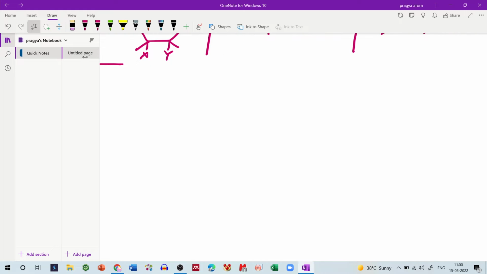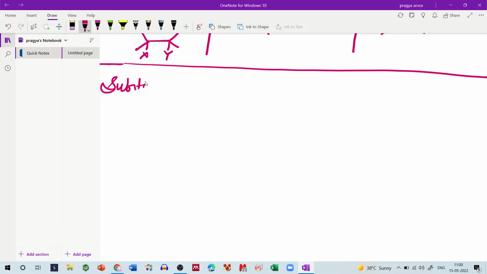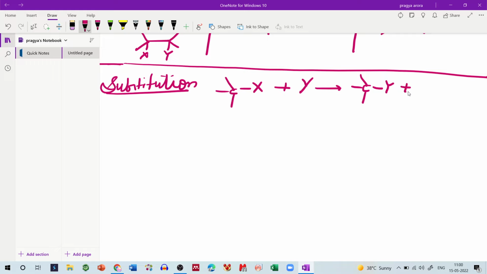Now we'll discuss each of them in detail. First, we'll discuss substitution reactions. What we understood from the substitution reaction is that there is this X group which will be replaced by the Y group, and you will have Y attached and X released.